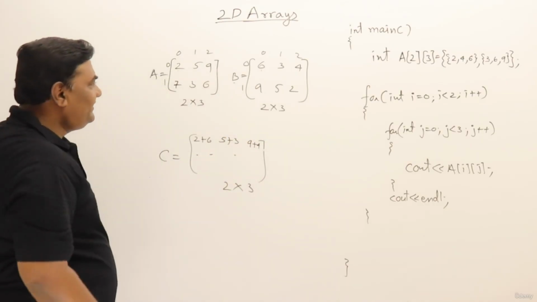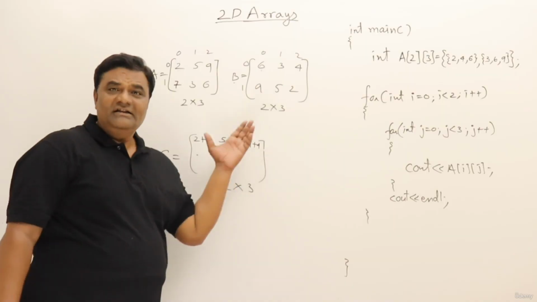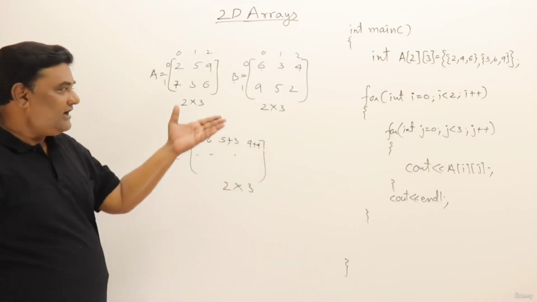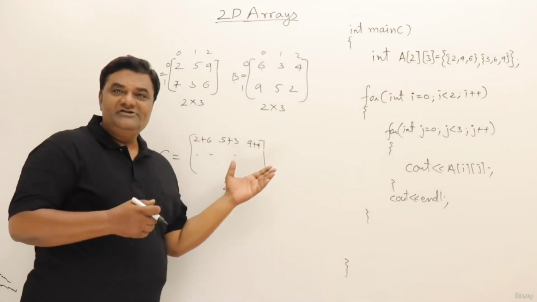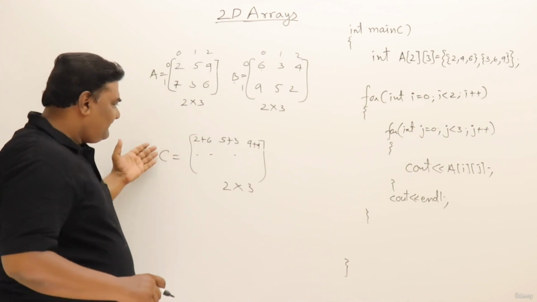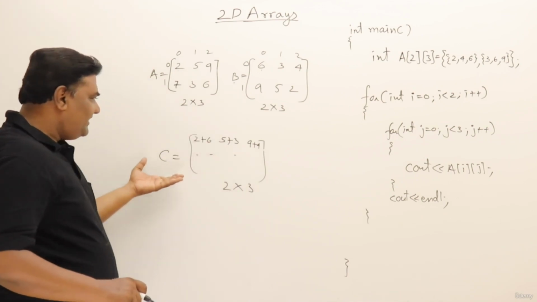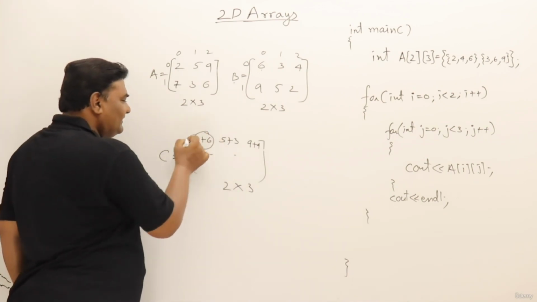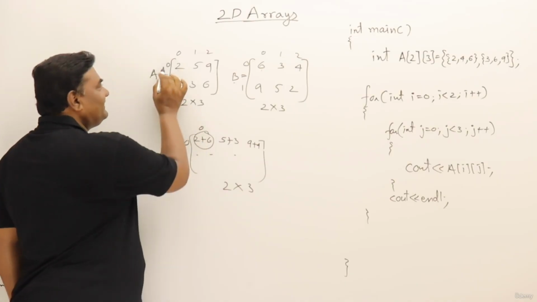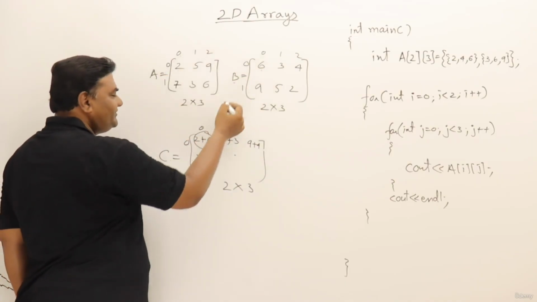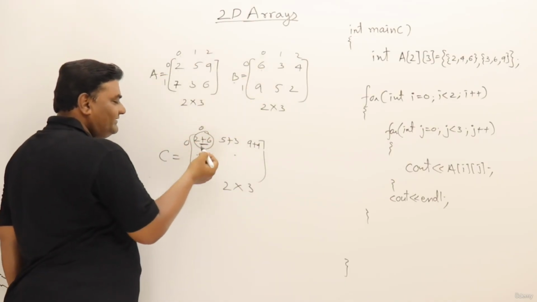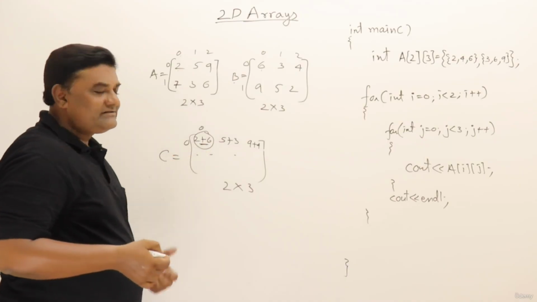In this way the corresponding elements are added. We can write a simple logic for adding two matrices. We just have to browse through all the elements of the C matrix, get the elements of A and B, add them and store the result. So we have to prepare a C matrix.